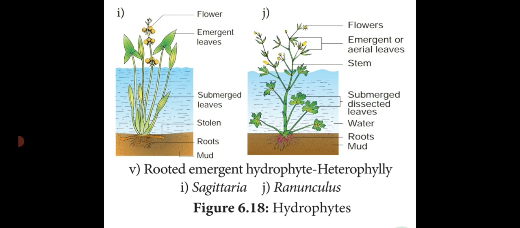They look tubular in shape. So these are the two types of leaves present in amphibious hydrophytes or rooted emergent hydrophytes. So these are all the different types of hydrophytes with examples. It is an important 5-mark question. Kindly note it down in your textbook.